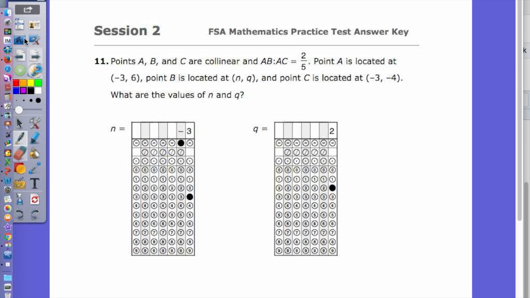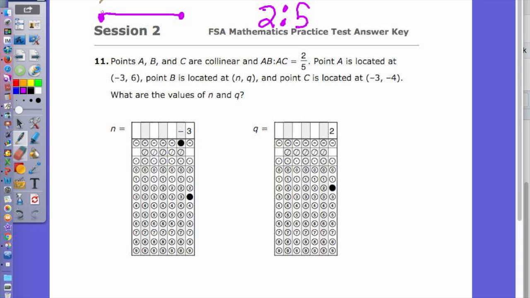My first issue when I did this was AB to AC, and then they put 2 over 5. Is that 2 over 5 or 2 over 7? It's actually 2 over 5 in this one, and I want to explain why.